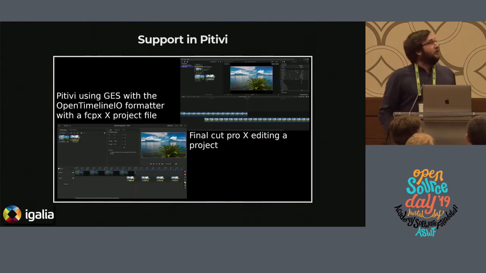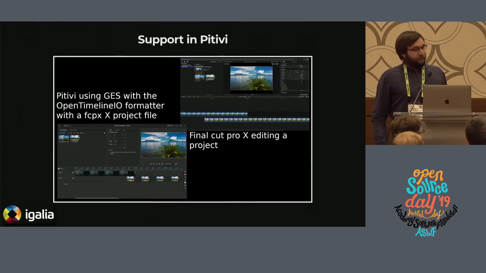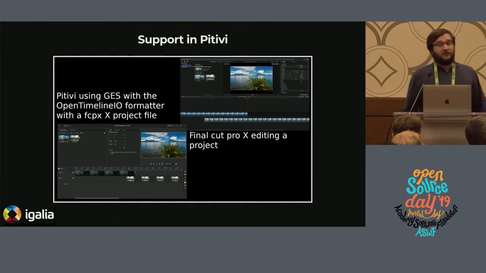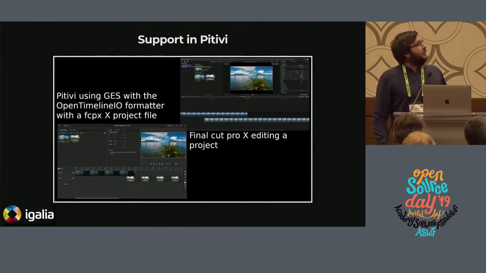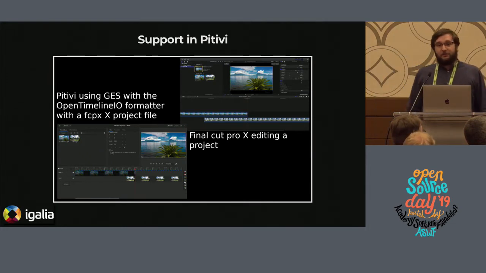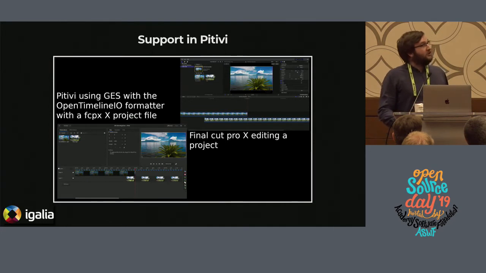And all that allows us, in video editing applications that use the GStreamer editing services, to load a file that was edited in Final Cut Pro X, for example, and then just load it in PTV, which is the video editing tool that we build on top of the GStreamer editing services.